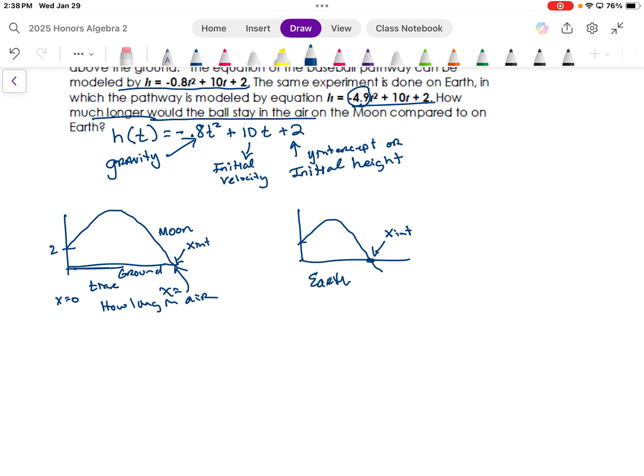So let's do the moon first. x equals negative 10 plus or minus the square root of 10 squared minus 4 times negative 0.8 times 2, all over 2 times negative 0.8.